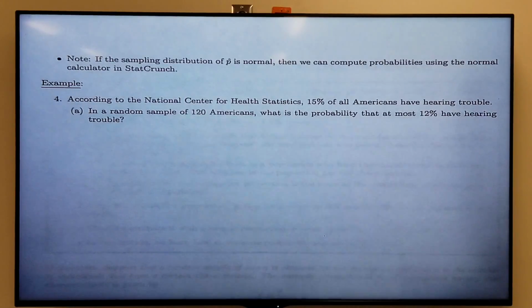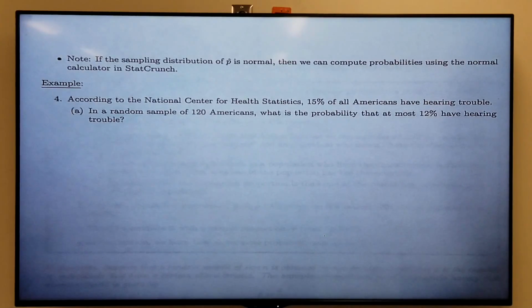Okay, so number 4 here says, according to the National Center for Health Statistics, 15% of all Americans have hearing trouble. In a random sample of 120 Americans, what is the probability that at most 12% have hearing trouble?